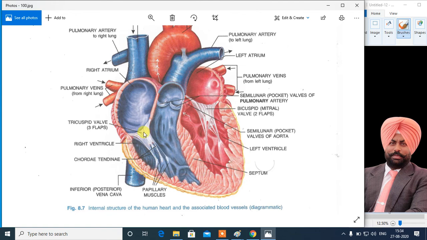So this was the first valve, present between the right atria and the right ventricle, also known as tricuspid valve because it has three flap-like structures, which are stretched and relaxed with the help of the chordae tendineae and the papillary muscles.